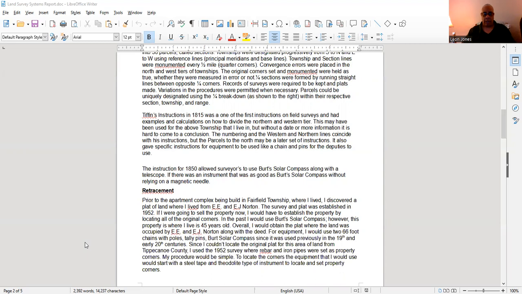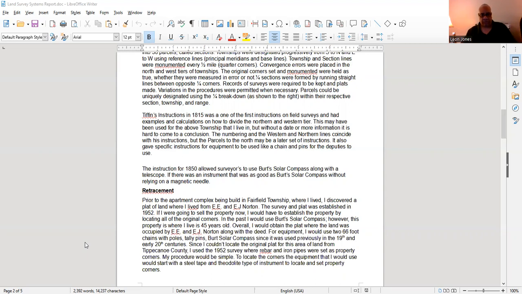Again, I live in an apartment complex, and this apartment complex was established in 1978. Now, would I use Burt's solar compass now? No, I wouldn't use it. It would take too long. But if I wanted to actually find the original points, I'd probably have to use it.